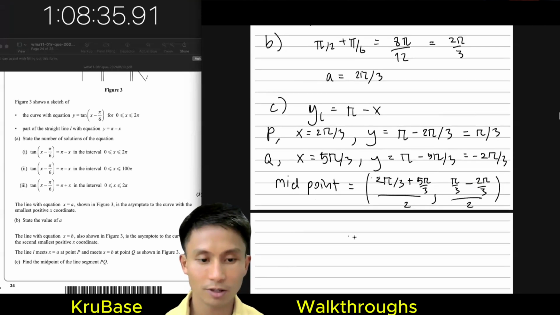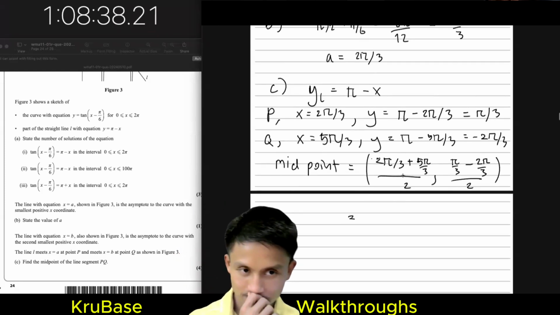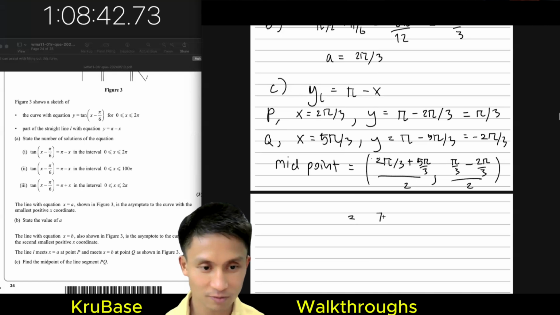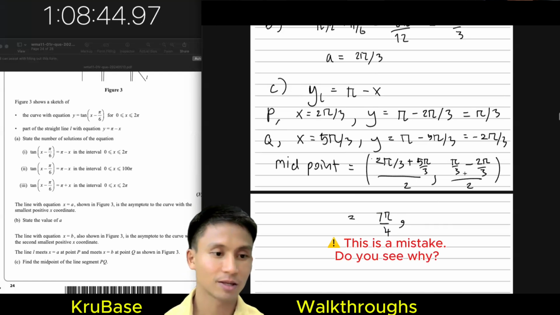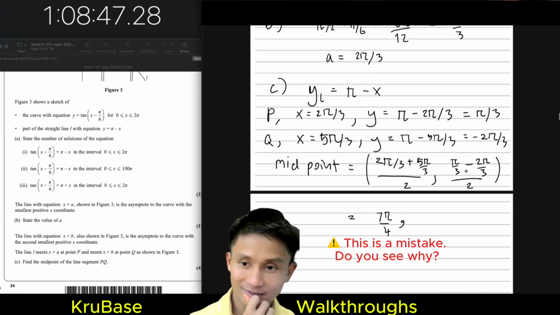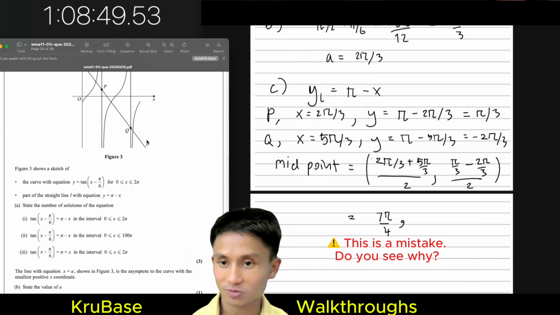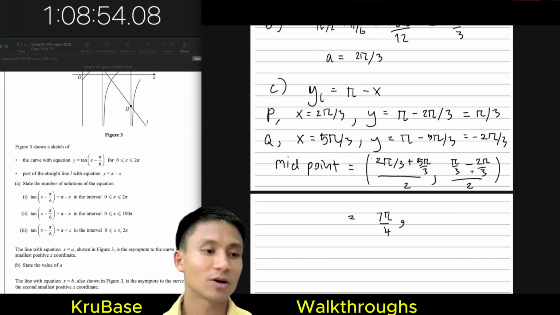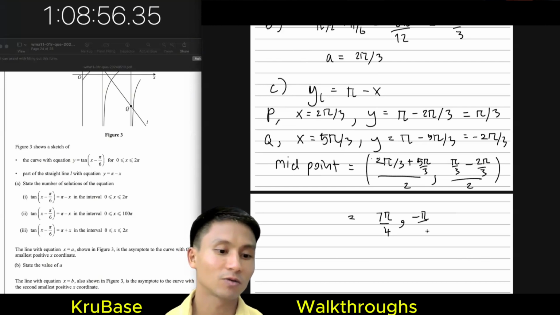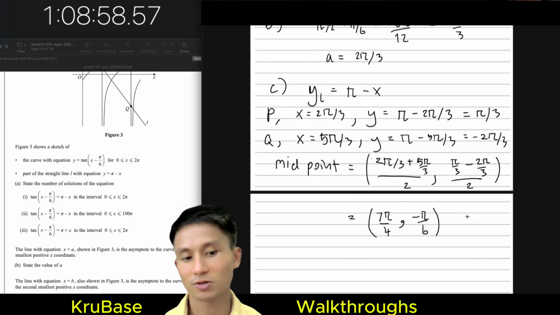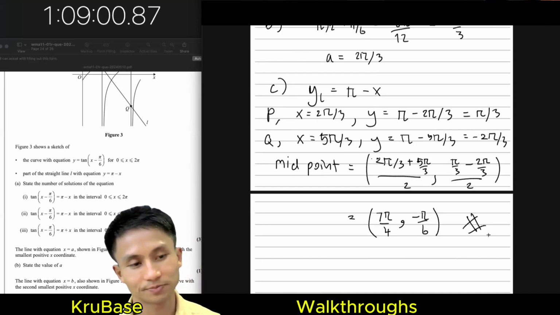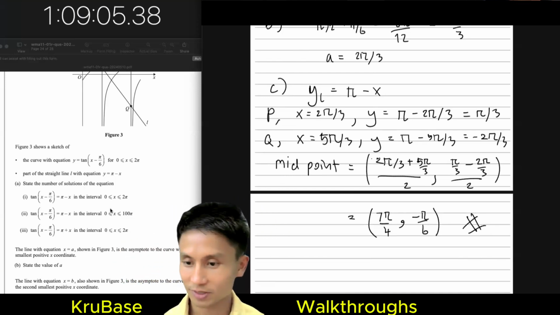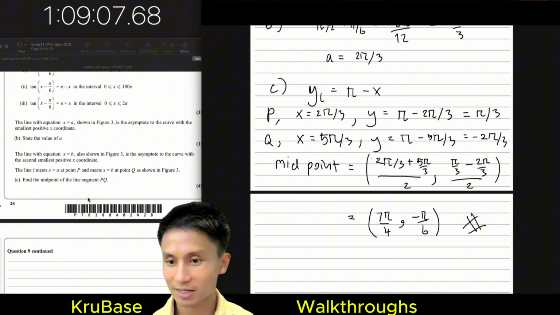That would be my midpoint answer. So 7 pi over 3 here, divide by 2, so 7 pi over 6. The y gives me a negative: negative pi over 3 on top, and then negative pi over 6 after you divide that by 2. So that would be the answer to that. Yeah, I think so. So we're done with that.